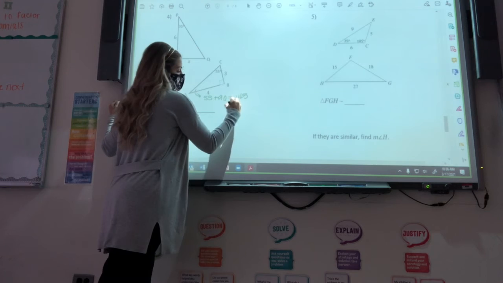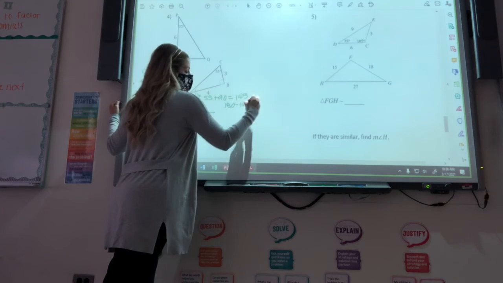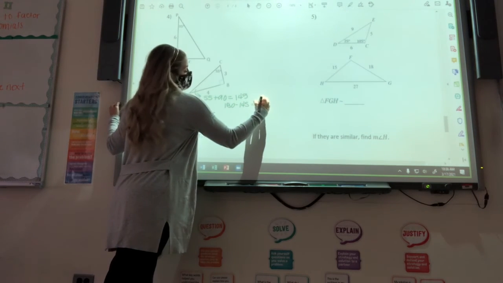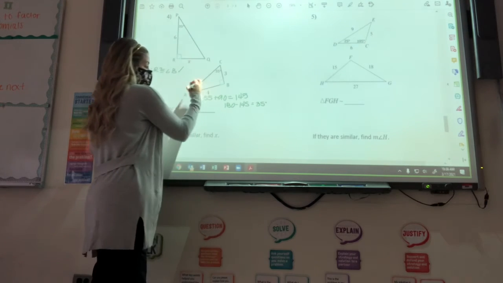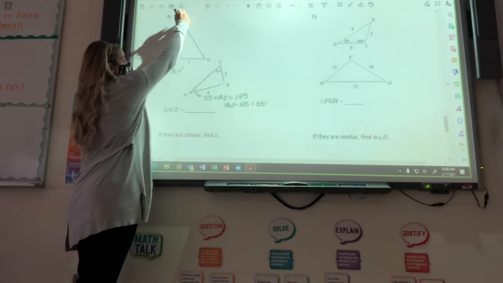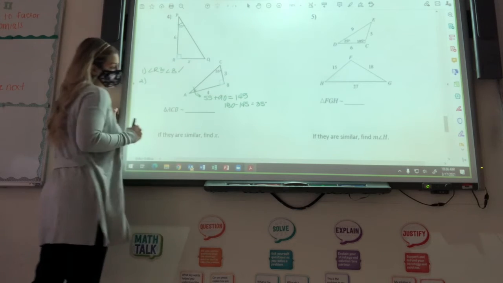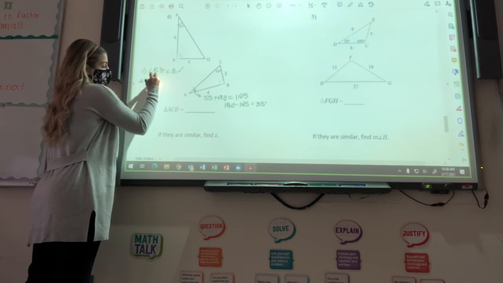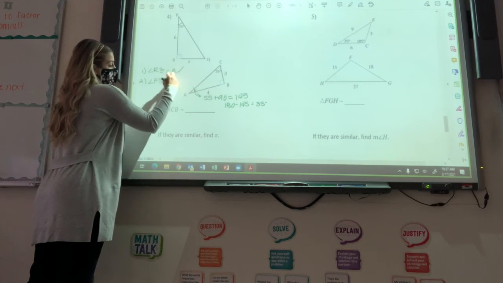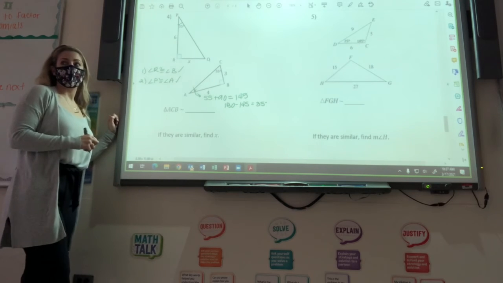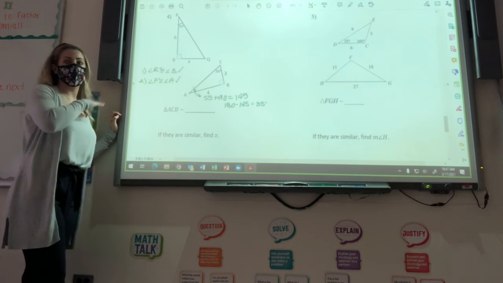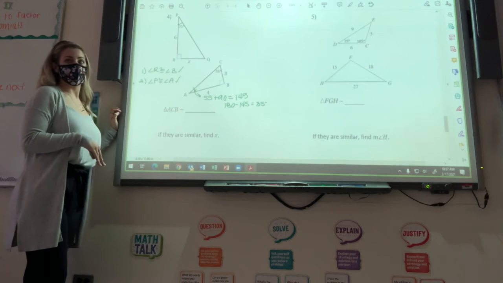And then I could do 180 minus 145, which gives me 35 degrees. So this angle and this angle are the same. Now I have two angles that are the same, done. I know that they're similar.